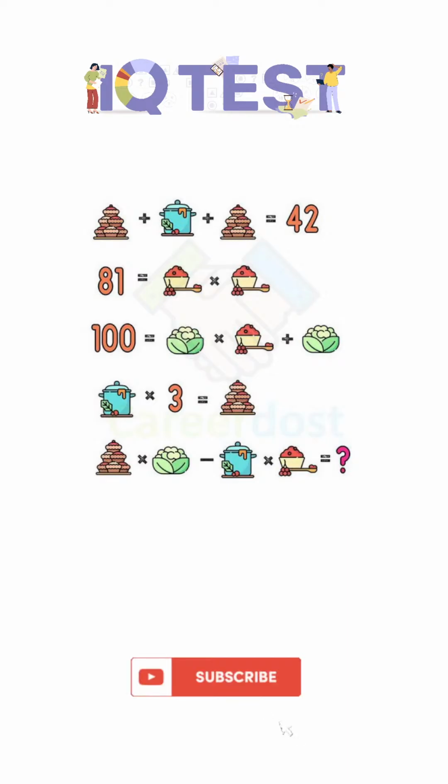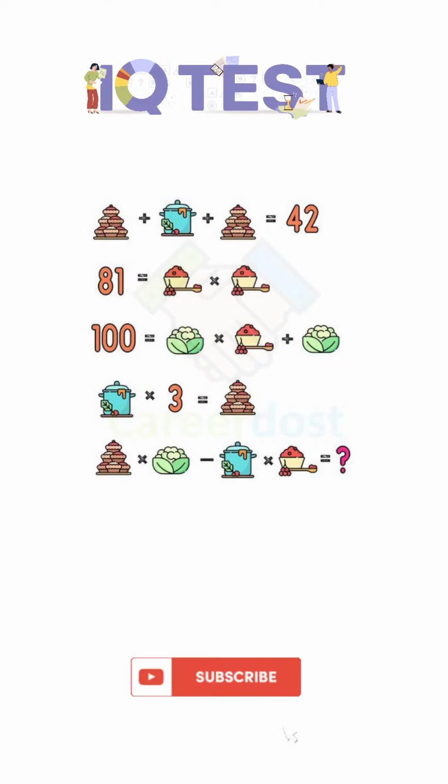So it means that once the blue pot is 6, 6 times 3 will give us that mountain muffin, which will be 3 times 6. That will give us 18. Exactly. I agree.